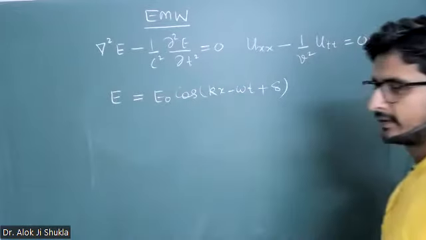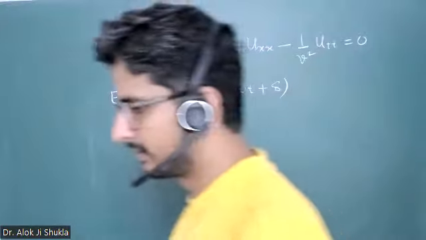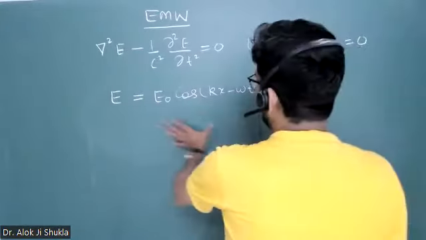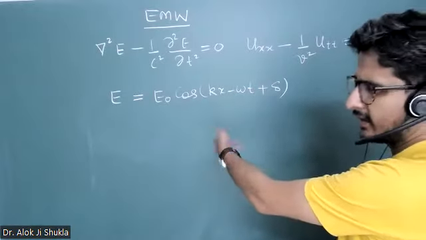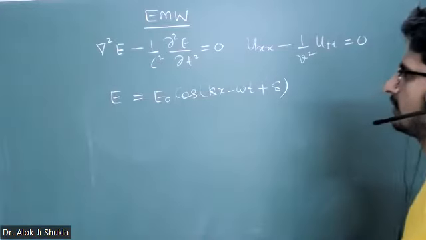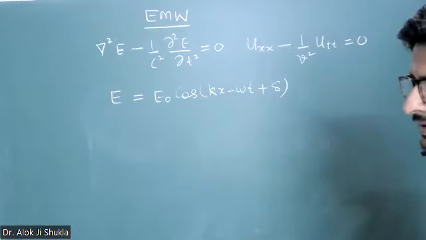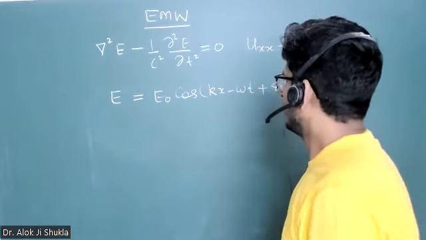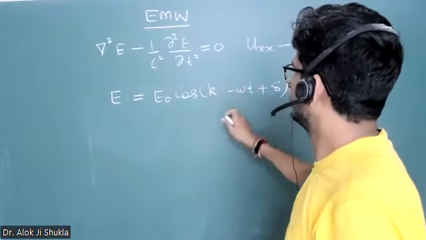So this is the profile of the electric field. The simple cos profile I wrote, cos of kz minus omega t, is the solution of the wave equation. So this is the plane wave solution.